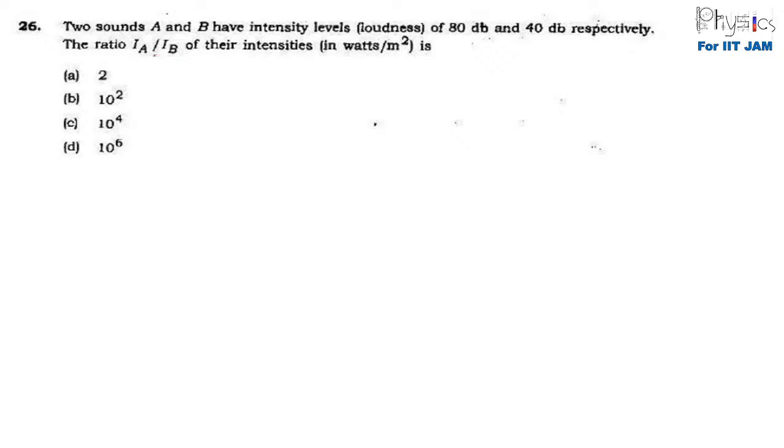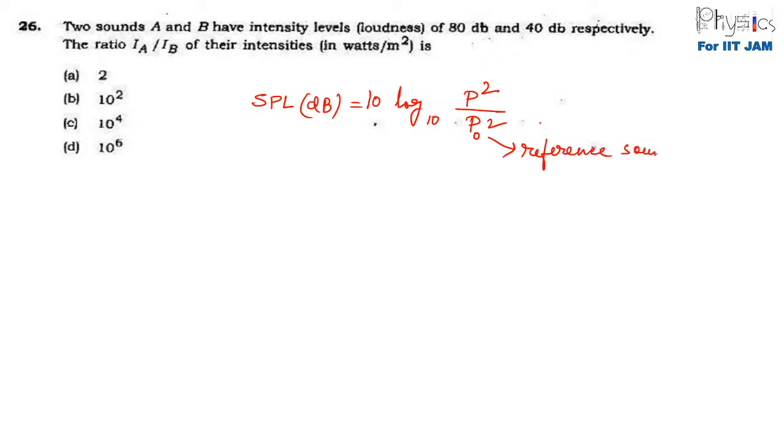See, the sound pressure level, or we can say SPL, in terms of dB was 10 log 10 of P squared by P0 squared, where P is the sound pressure in Pascal and P0 is the reference sound pressure in Pascal, right?